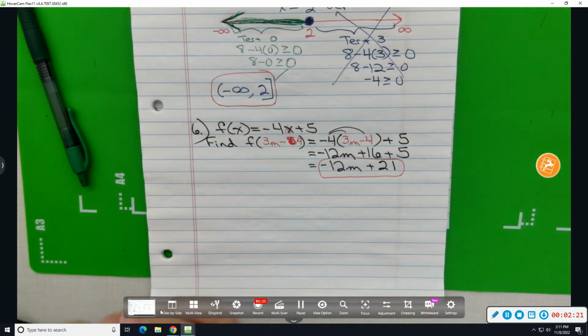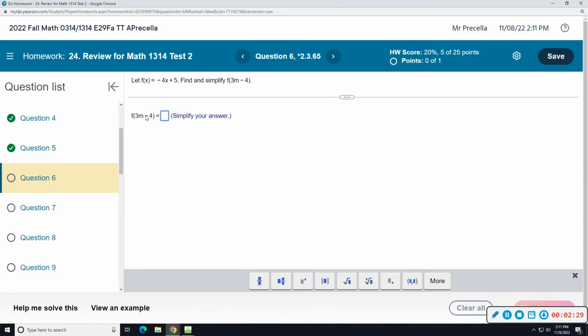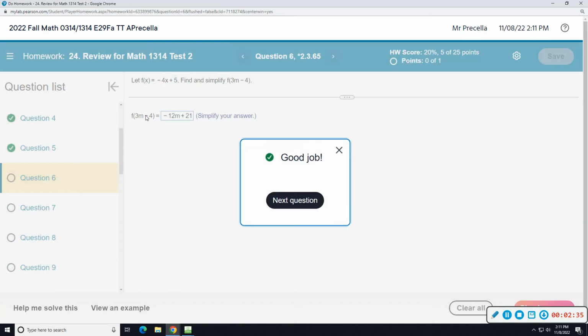For our final answer, negative 12m plus 21. Any questions there?